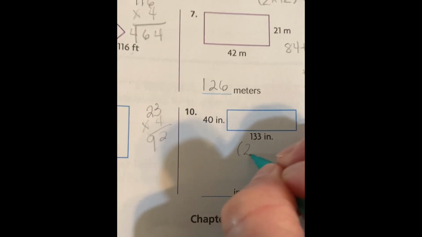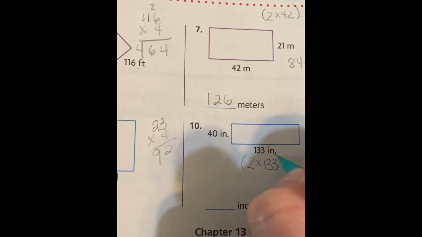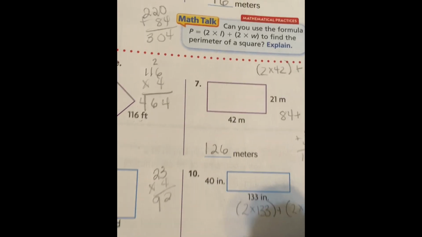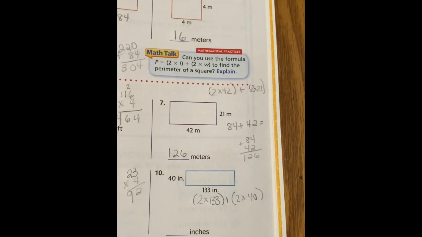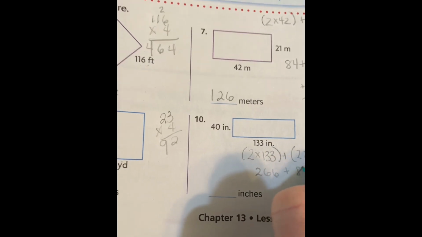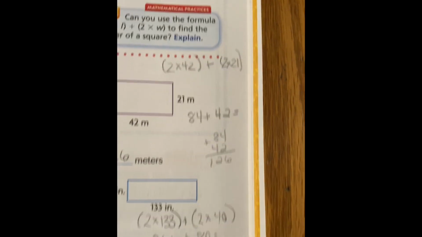So 2 times 133 plus 2 times 40. So 266 plus 80 equals 346.